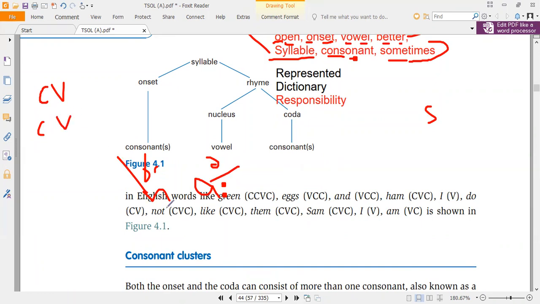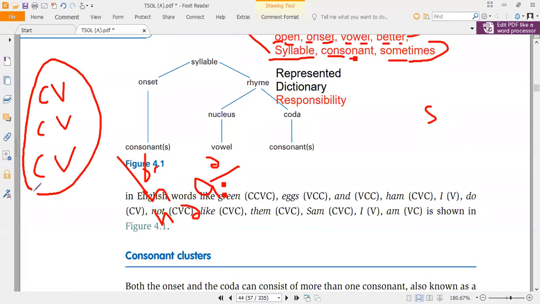So CV, ba and na. If you look at the last na, again that is a CV structure. So CV, CV, CV combined constitute the word banana. Three syllables are there. We divide words in terms of syllables.